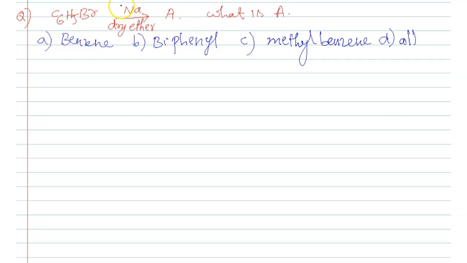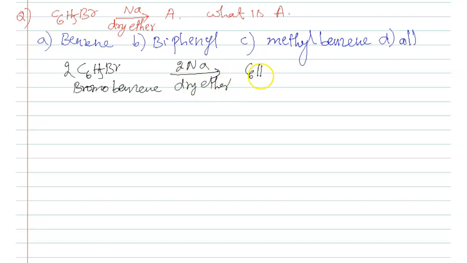C6H5Br on reacting with sodium in dry ether forms what? 2 moles of C6H5Br, bromobenzene, on reacting with 2 moles of sodium in dry ether forms C6H5-C6H5.